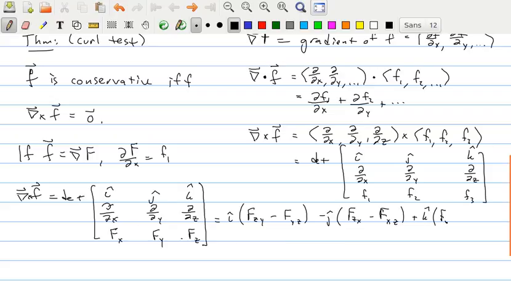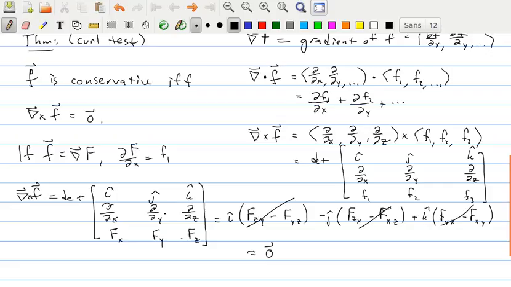That's f_yx minus f_xy. And remember what we said before is that we have established that the order of the partial derivatives doesn't matter. So this is 0, as is this, as is this. So that gives us 0 for our curl. So anytime we've got a conservative vector field, we can use this test to determine that or not.